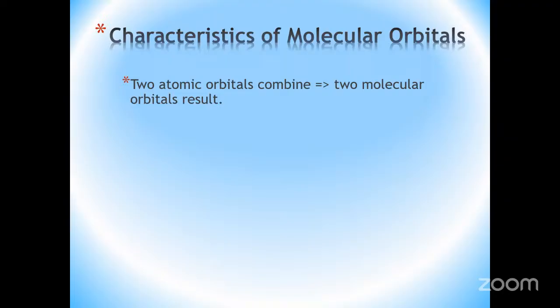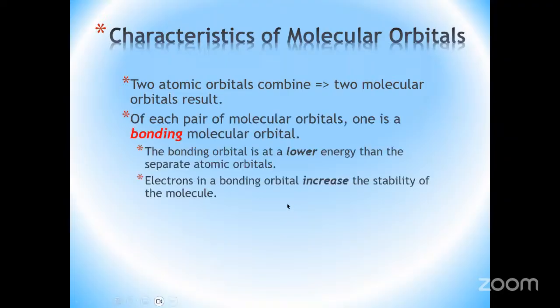So if you have two atomic orbitals coming together and combining, you're going to end up with two molecular orbitals. One will be of a lower energy compared to the atomic orbitals from which they're formed, and the other one will be of a higher energy, right?